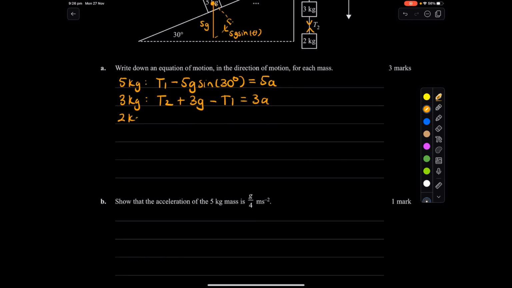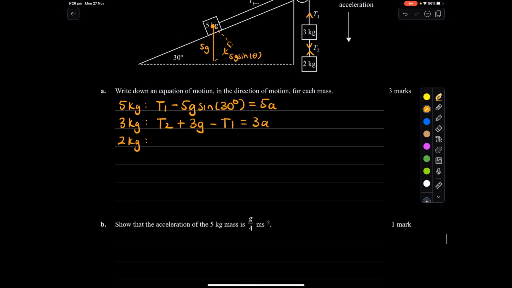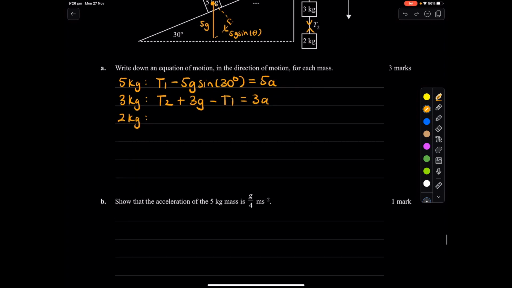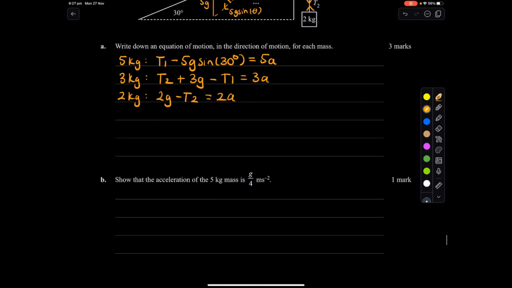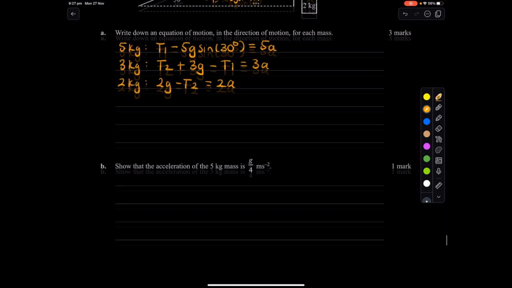For the 2 kilogram one, it's just going to be, again, this tension and its mass, which is 2g. So it's going to be 2g, because we're taking downwards as positive, minus T2 is equal to 2a. We've written, yeah, that's it, the equations of motion.